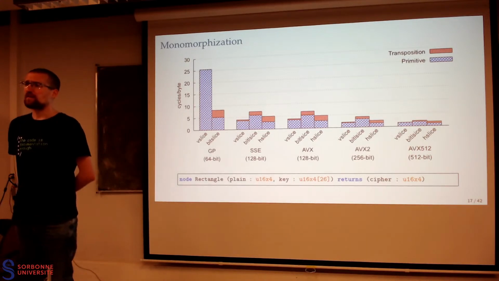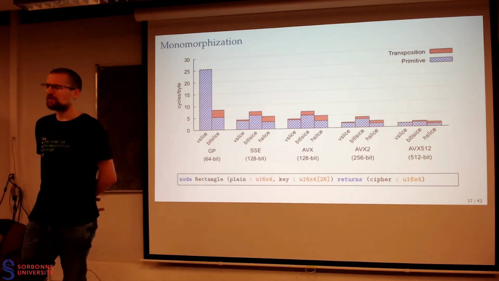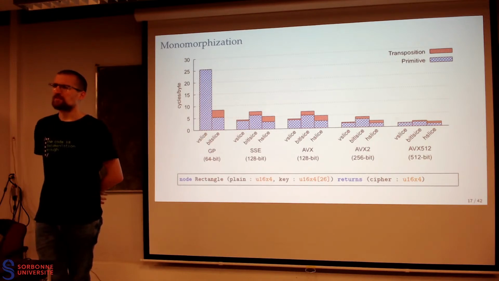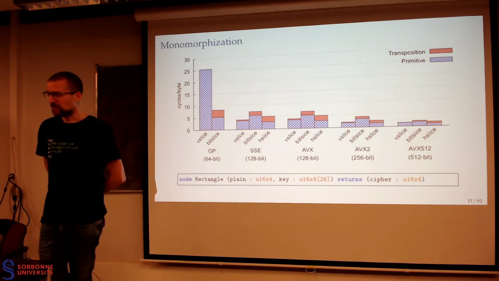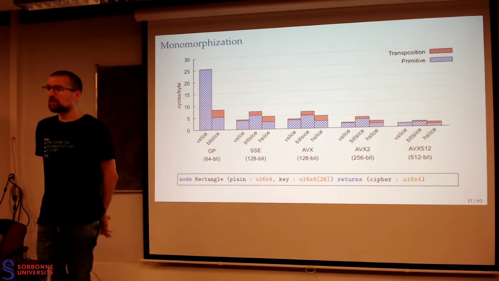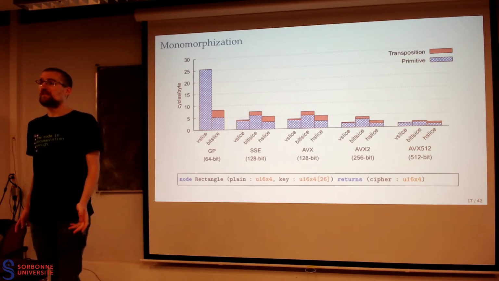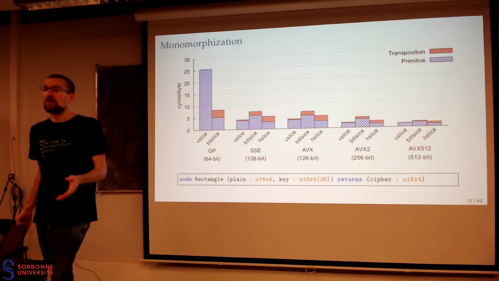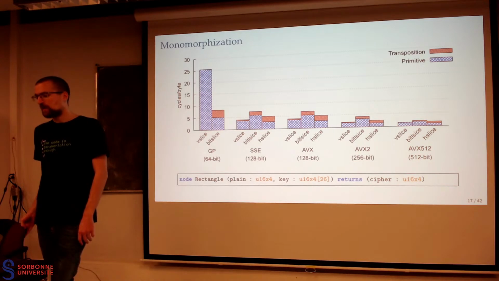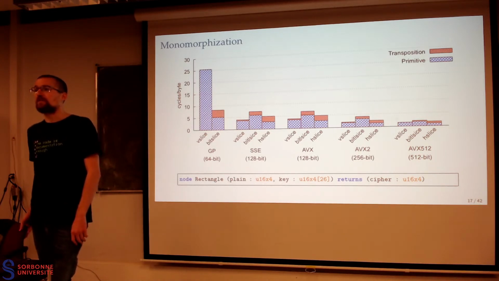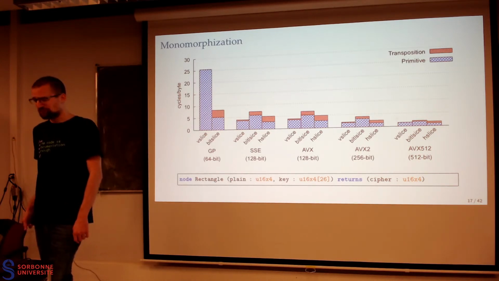But keep in mind that it's very specific to rectangle. In particular, for horizontal slicing, the transposition is more expensive than it is, for instance, on AES. But usually, even with the transposition, bitslicing is faster than direct implementations without slicing. So it's kind of an issue, but not that much actually if you have large registers.